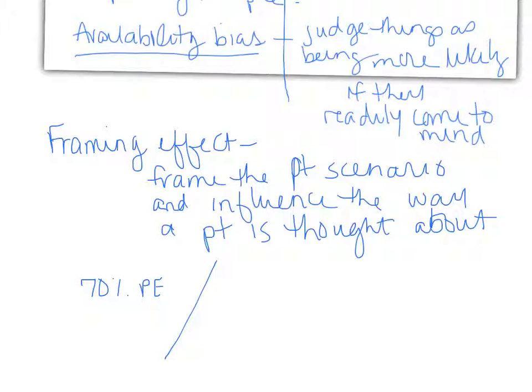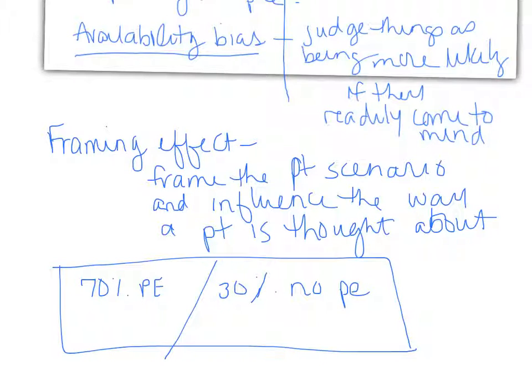That frames it in that way versus a 30% chance of no PE. Depending on which one of these tacks you take, it's going to influence your prioritization of the patient.